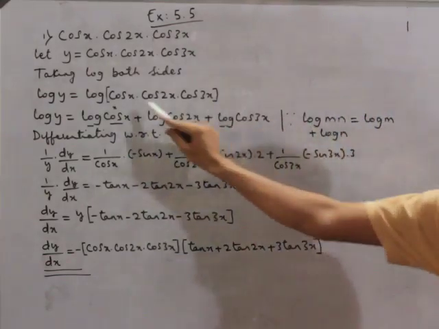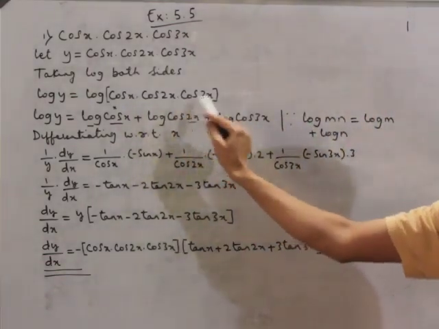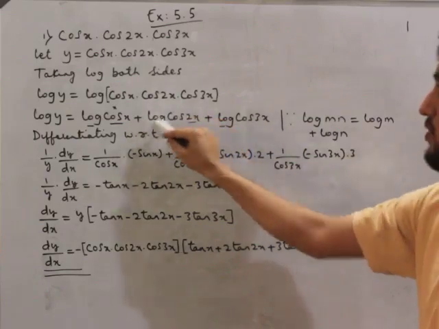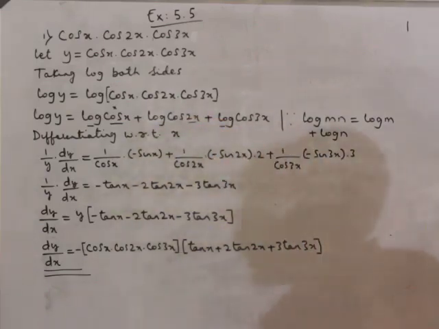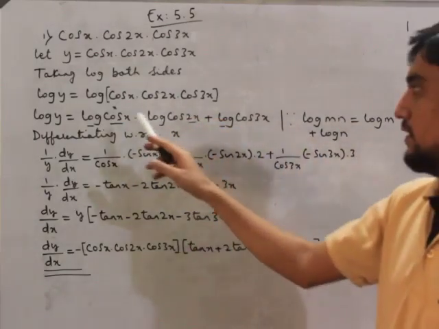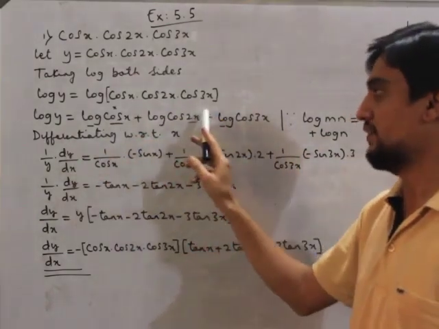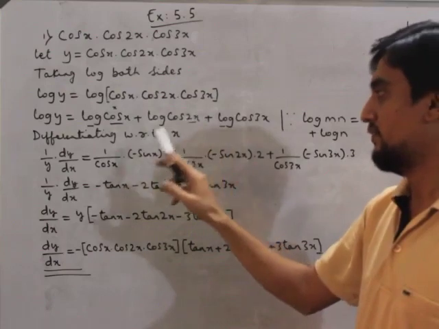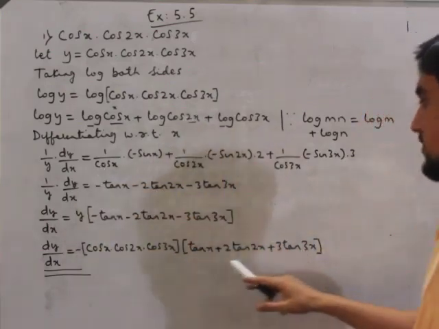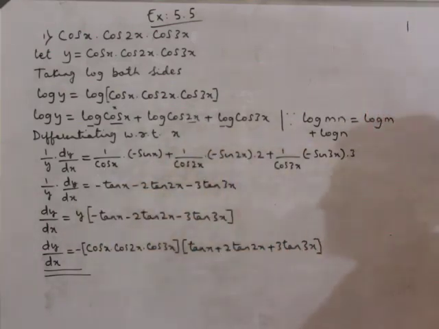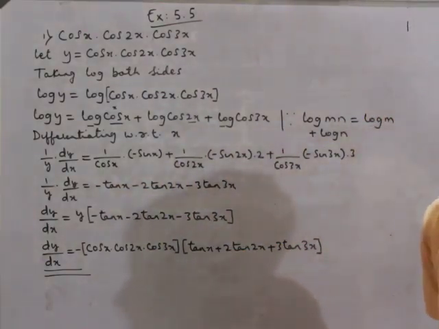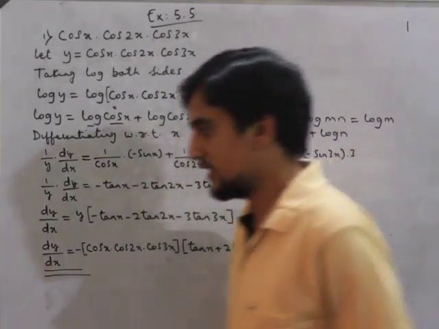Why did I use this? Because this is in product form. So product to addition form I converted it. Next, after logarithmic simplification, I have differentiated the function. So on differentiation, this is the answer I have got. This is the solution for first question of exercise 5.5. Now let us see the second question.